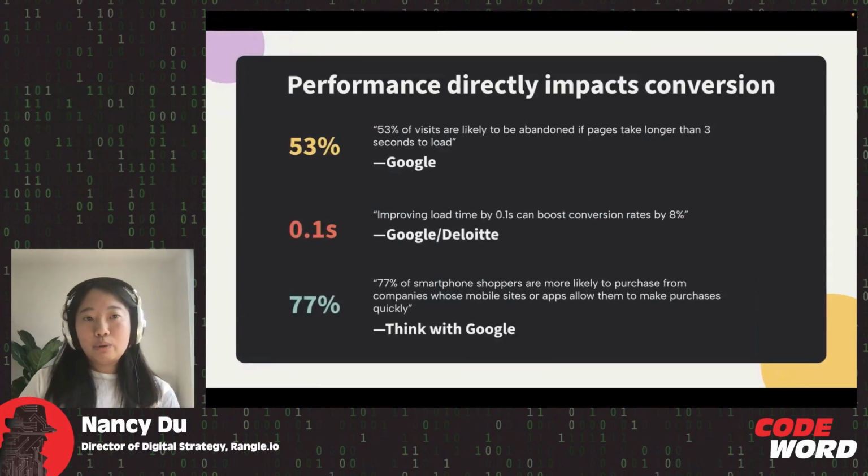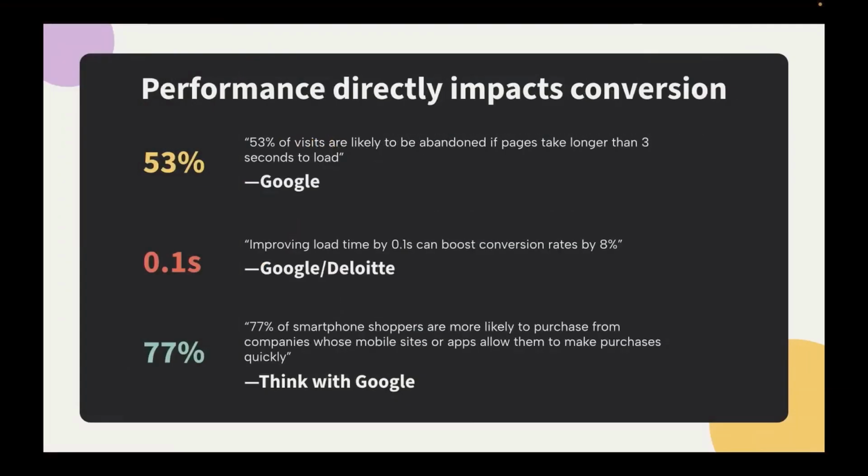So beyond the SEO benefits, performance actually directly impacts conversion rates. And a lot of this research has been done by Google on this topic. So 43% of visits are likely to be abandoned if pages take longer than 3 seconds to load.